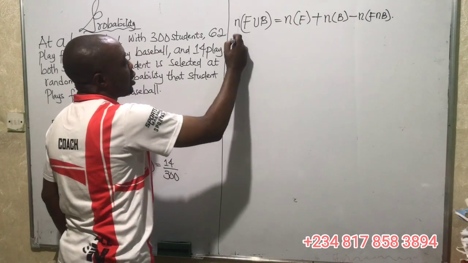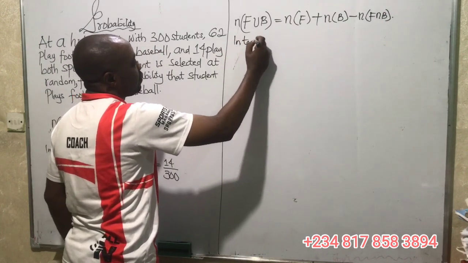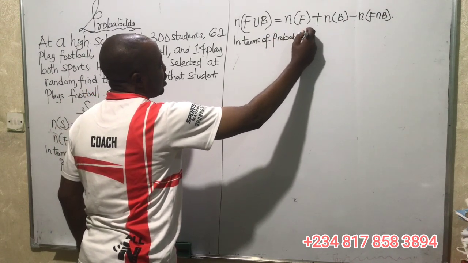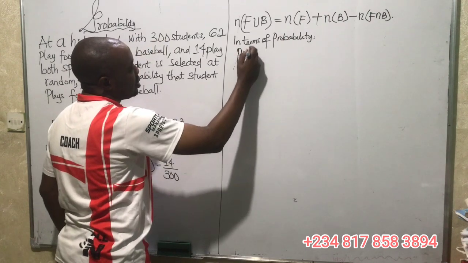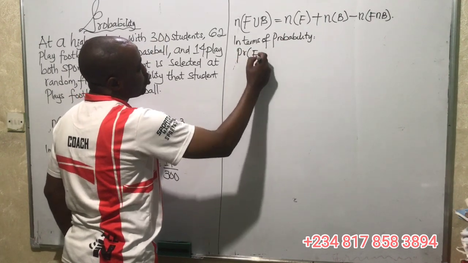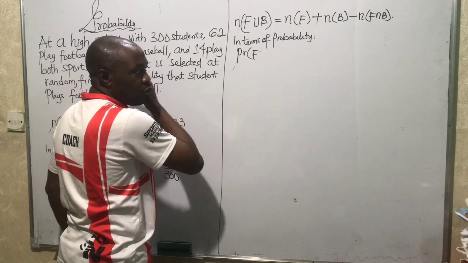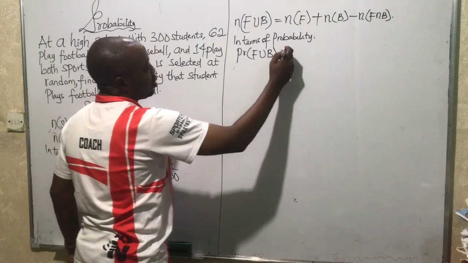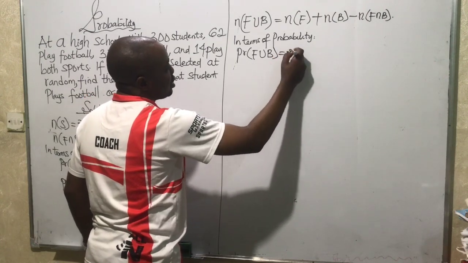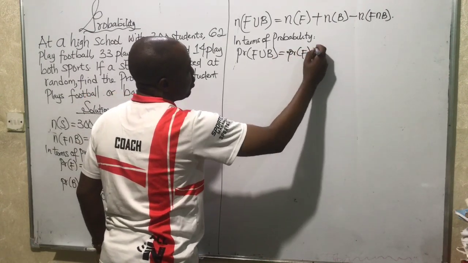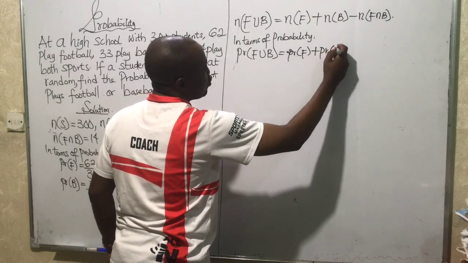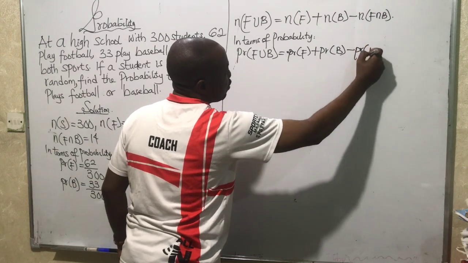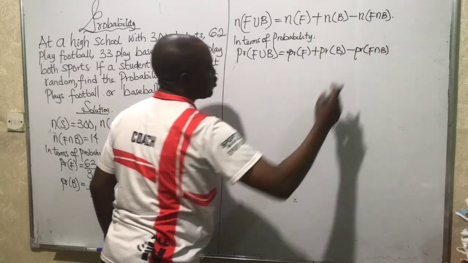So in terms of probability, the probability of students who play either football or baseball equals the probability of students who play football plus the probability of students who play baseball minus the probability of students who play both sports.